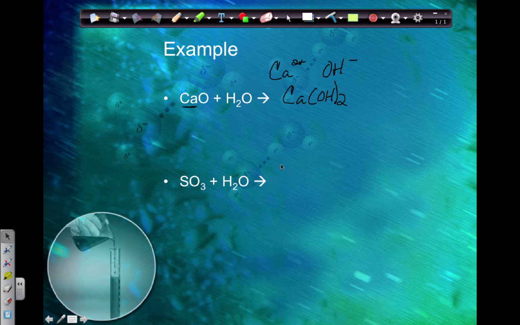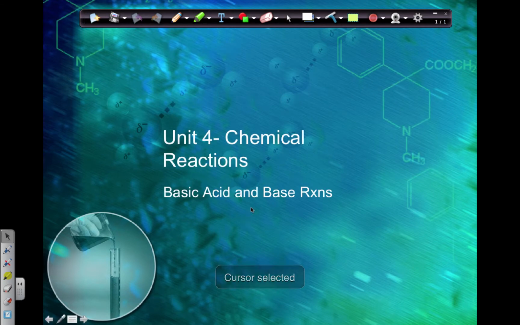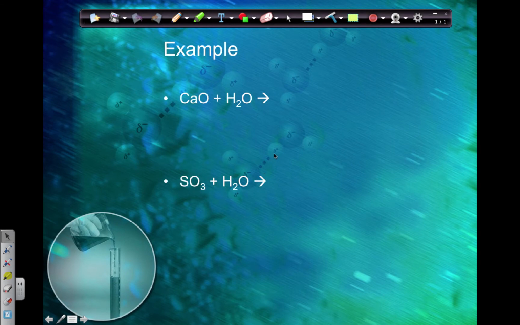So that's going to be hydrogen plus something else. So I've got SO3 here. What ends up happening is it becomes SO4. You got 4 oxygens here, so it ends up being sulfuric acid. Okay, so basically when you're looking at these reactions, you just need to know these rules.